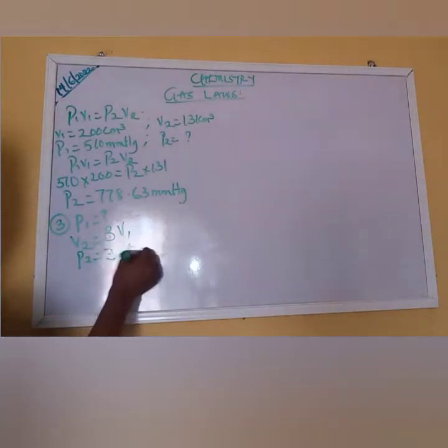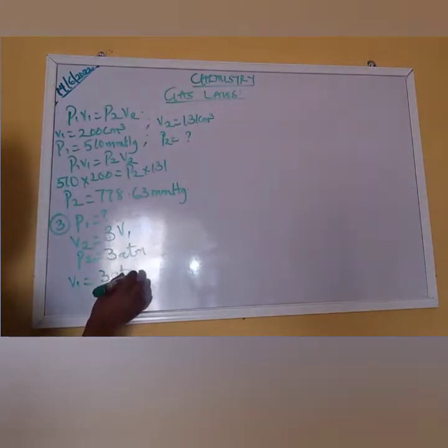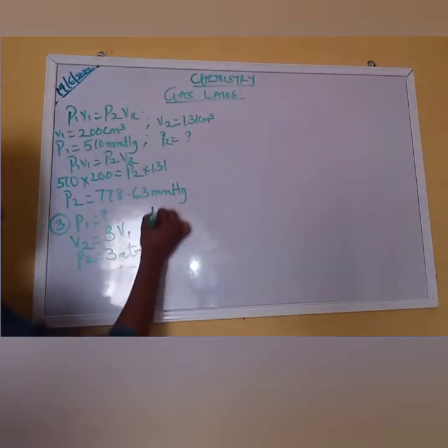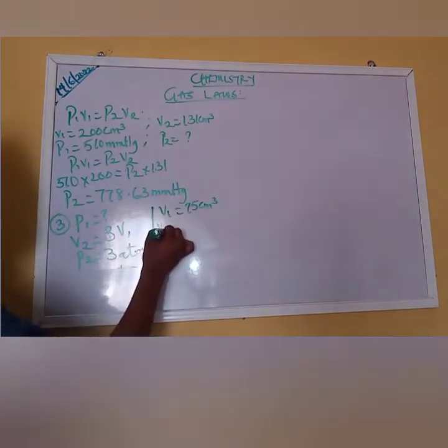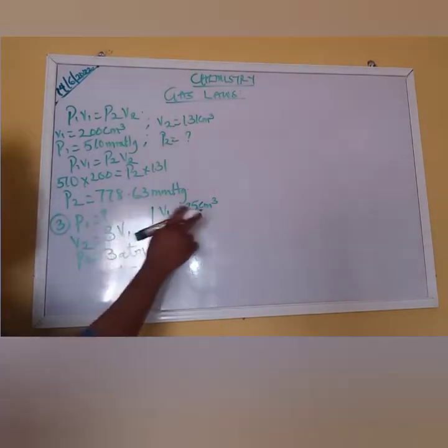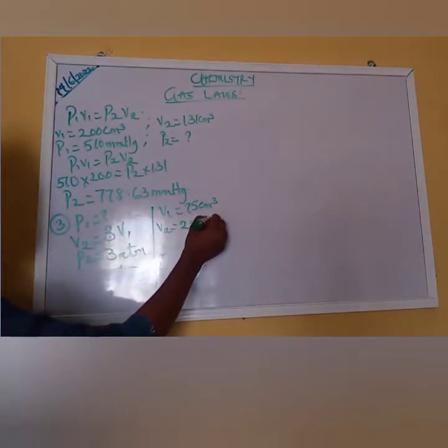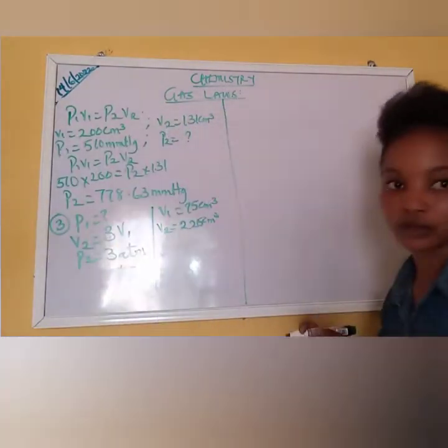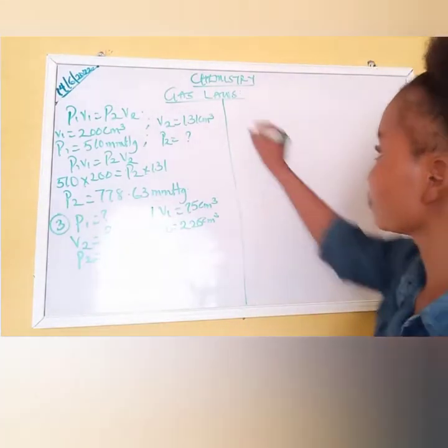My V1 is 75 centimeter cube. So what will my V2 be? Since my V2 is triple of this, I should have 225 centimeter cube. Now, still on the formula of P1V1 is equal to P2V2.